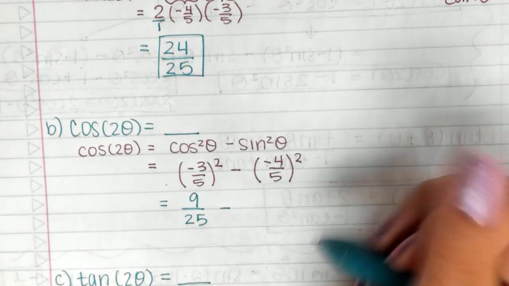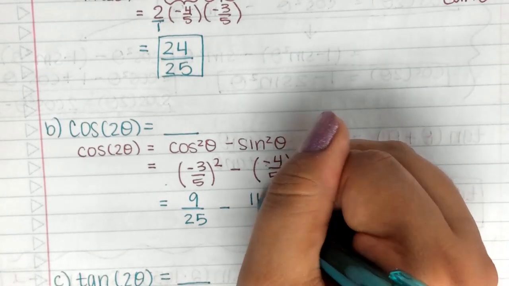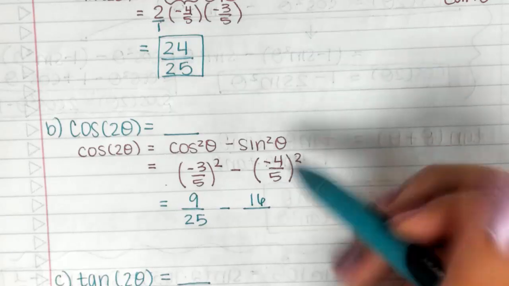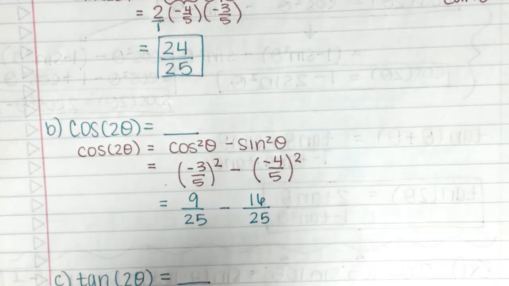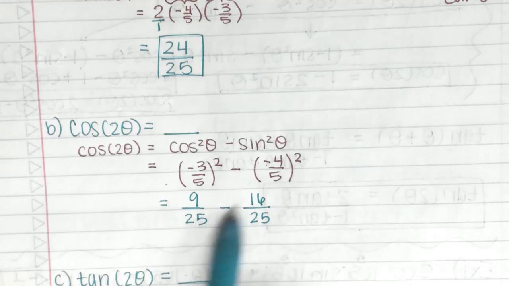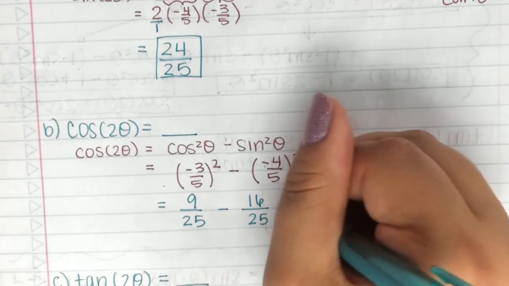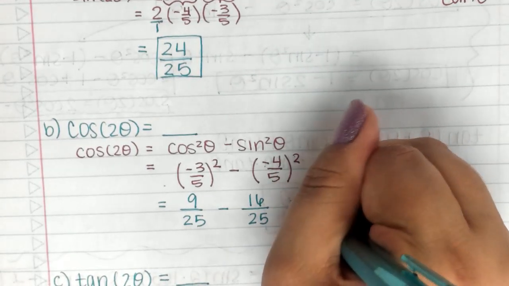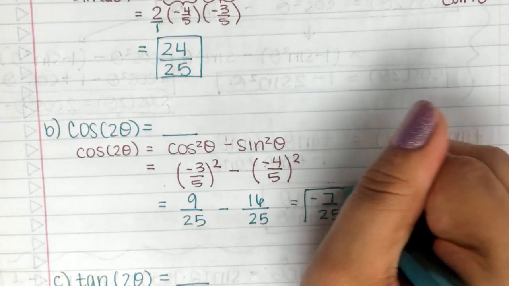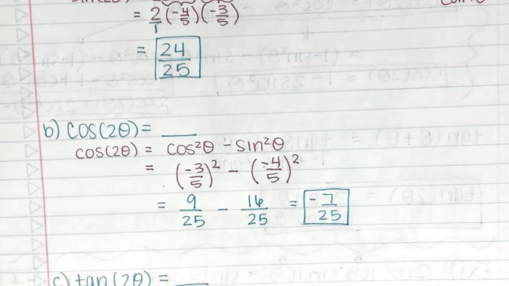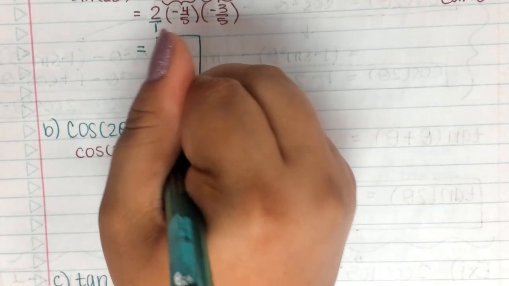Minus negative 4 squared is positive 16. And 5 squared is 25. What is 9 minus 16? That's it. Negative 7 over 25.